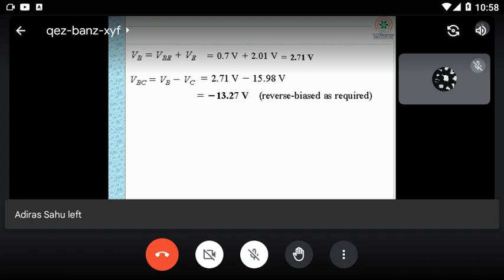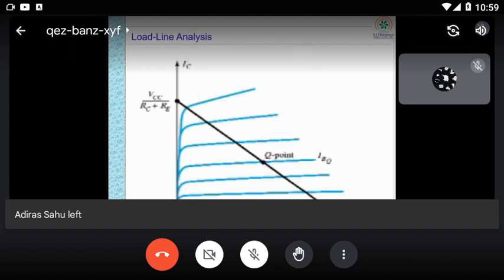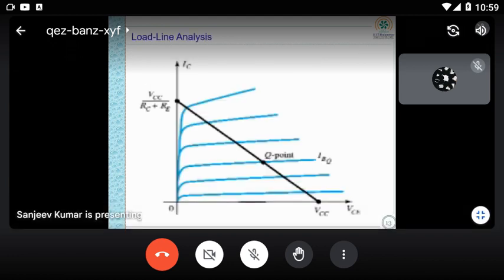Now if you are going for the load line, as I already told, your saturation current will be VCC by RC plus RE, and VCC will be your maximum output voltage. Wherever it crosses any IB value, that will be your Q point, and you can note down the corresponding values you achieve.